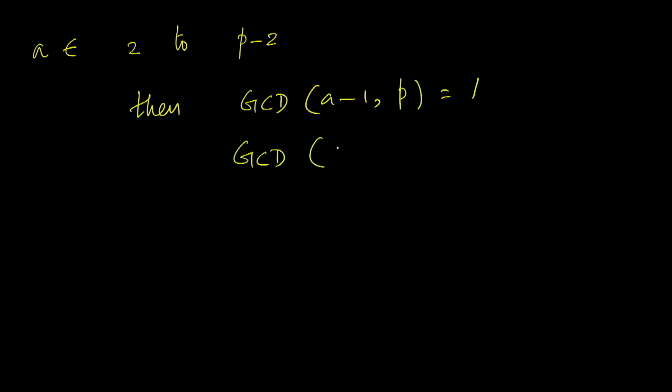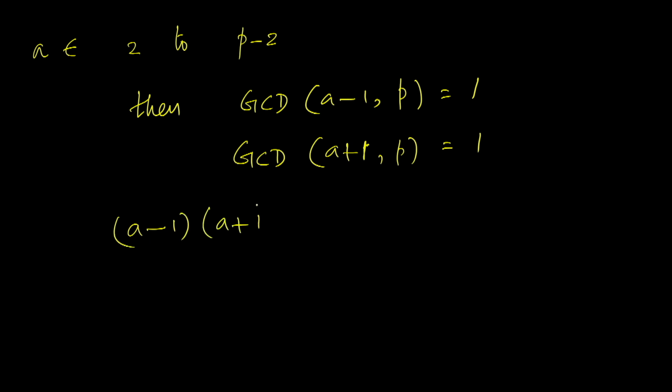Similarly, GCD of a plus 1 and p is also 1. A plus 1 can be at most p minus 1. Therefore, a minus 1 and a plus 1 are both relatively prime to p.